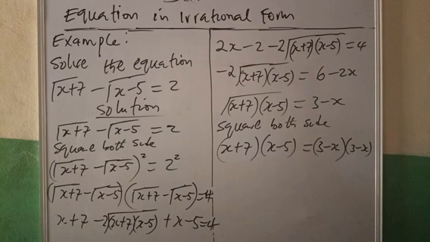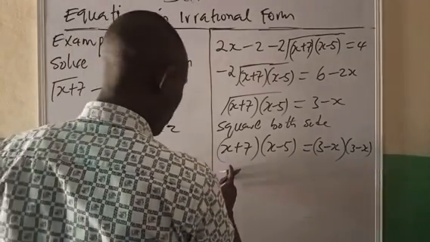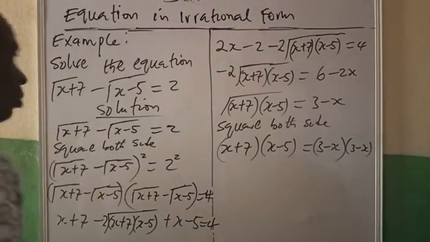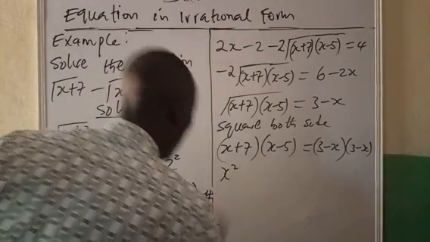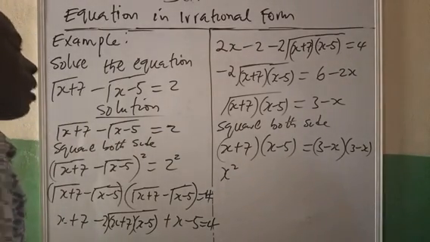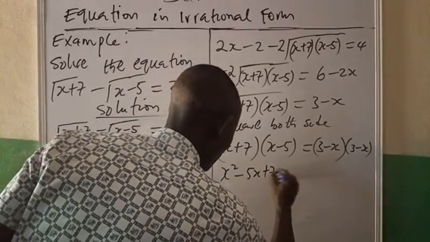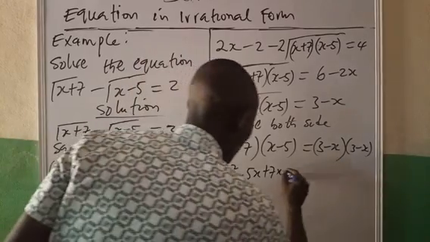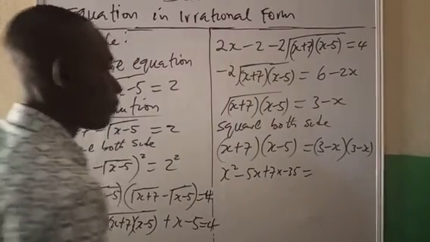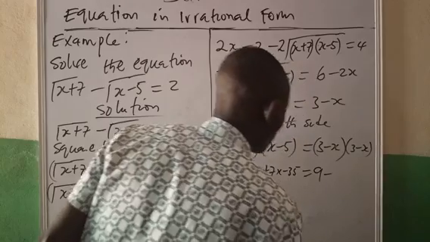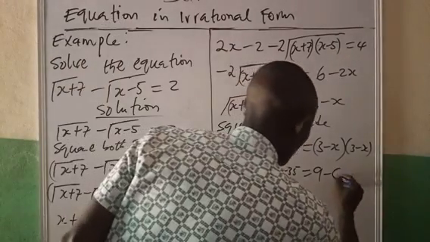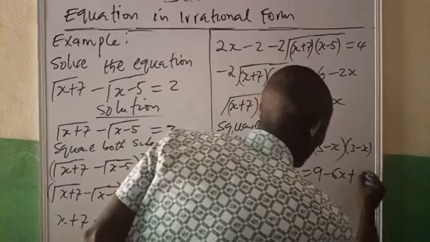Now if you expand this, look at what we have on the board very well. If you expand, from this left side you will have s squared minus 5s plus 7s minus 35, which will be equals to 9 minus 6s plus s squared.